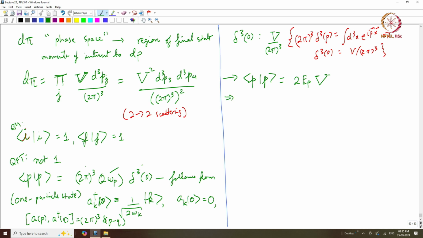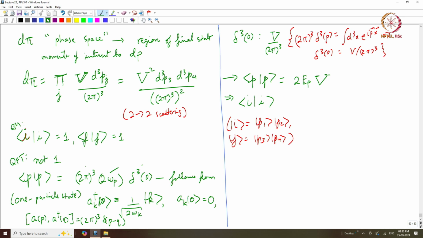Now that means if I take the initial state, what is the initial state here? I have two particles in the initial state, right? The initial state is p1, p2 together, and the final state is p3, p4.